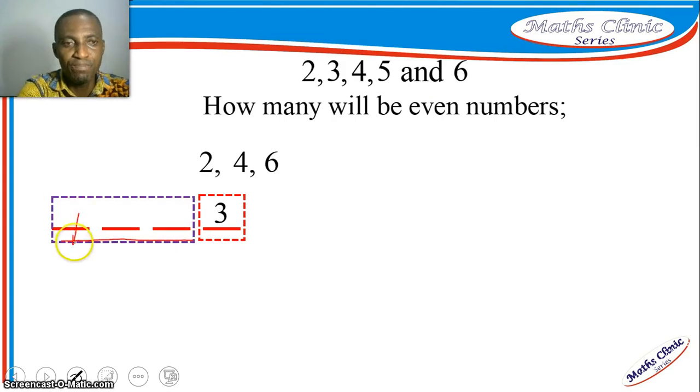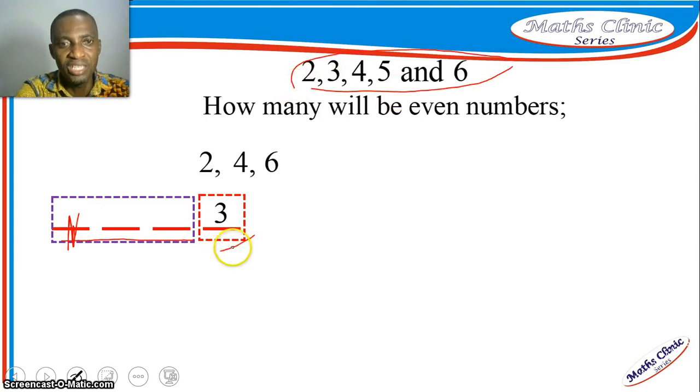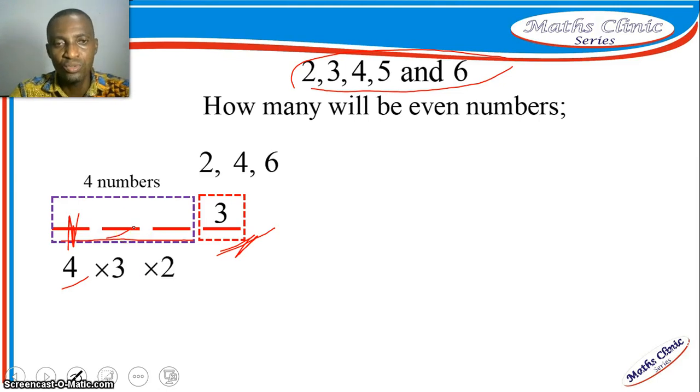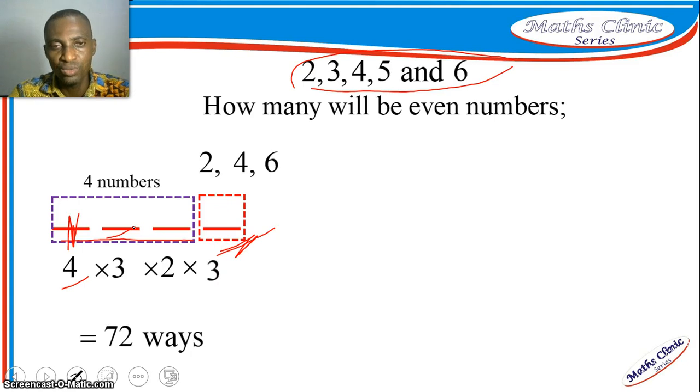The first slot here can receive 4 different numbers because one of them has already been positioned here, so the remaining will be 4. So that will give us 4 ways of doing that. Now that we've positioned this, we are left with 3 different numbers, and any of them can fill this one. And so that will give us times 3 and then times 2, and then we multiply by the 3 here, and the answer will come to 72.